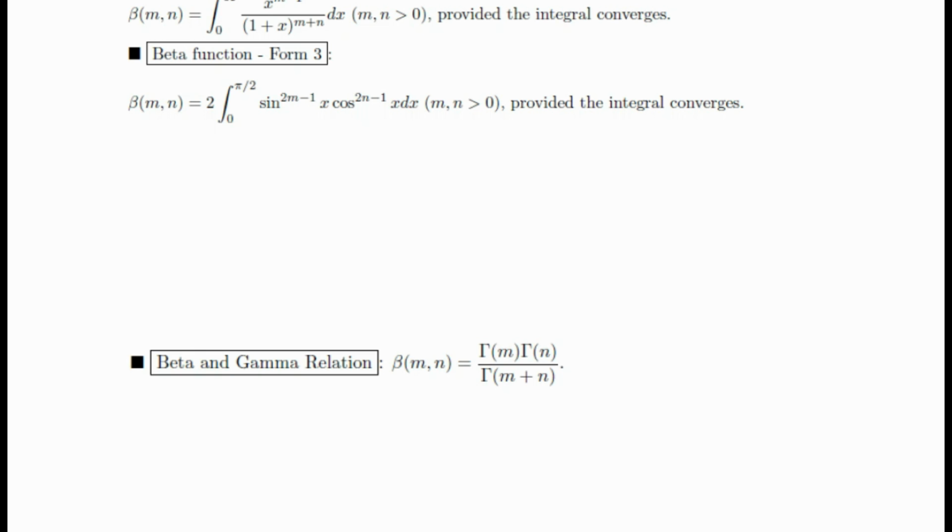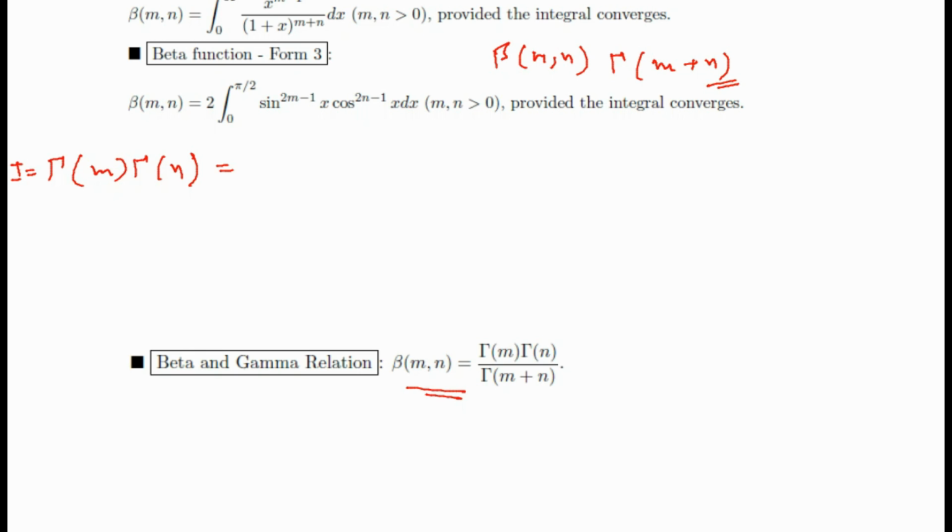So let's do this. Here gamma(m), we will start from here. So gamma(m) into gamma(n) equal to, so let's take I equal to gamma(m) into gamma(n), and we have to show that this gamma(m) into gamma(n) equal to beta(m,n) into gamma(m plus n).